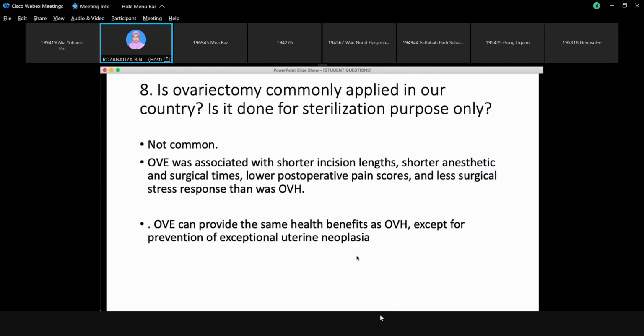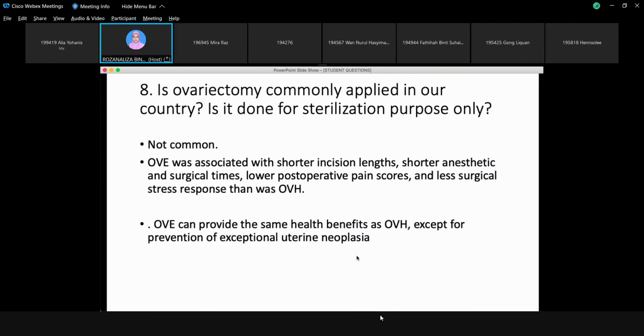So I would say it's not common in UVH. I'm not sure again what is practiced outside. However, OVE was associated with shorter incision length, shorter anesthetic and surgical time, lower post-operative pain score, and less surgical stress response compared to ovariohysterectomy.